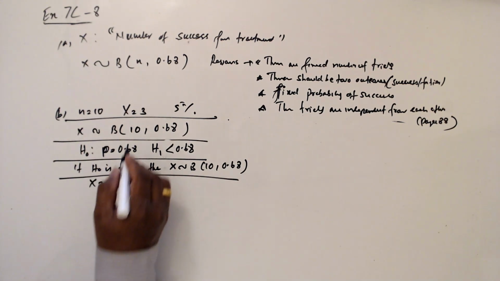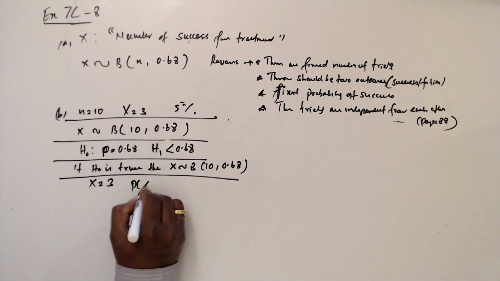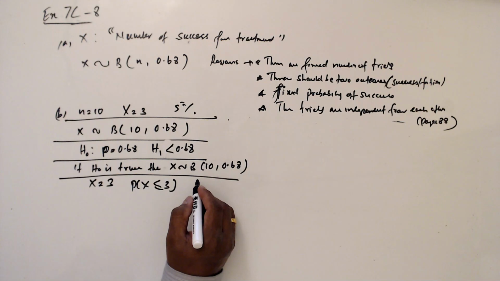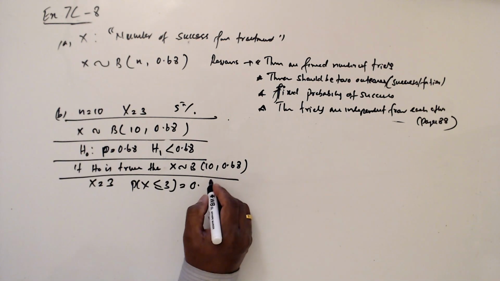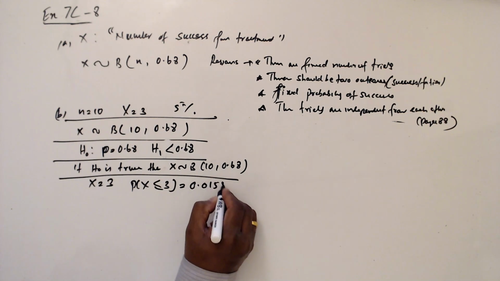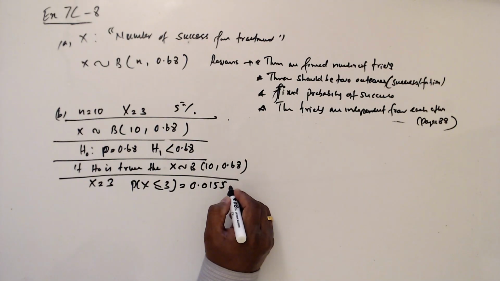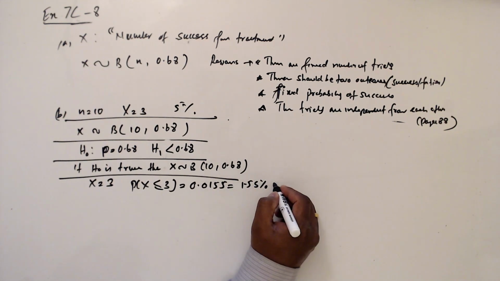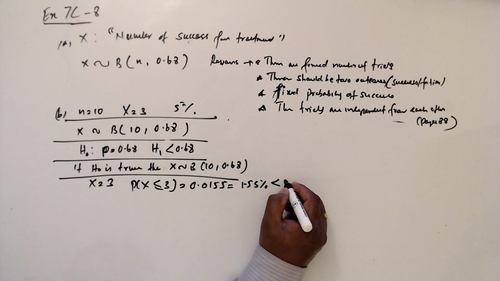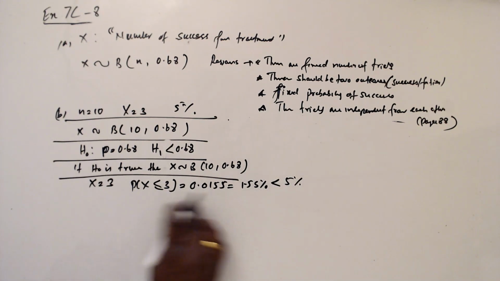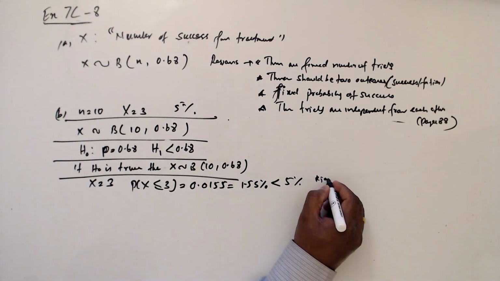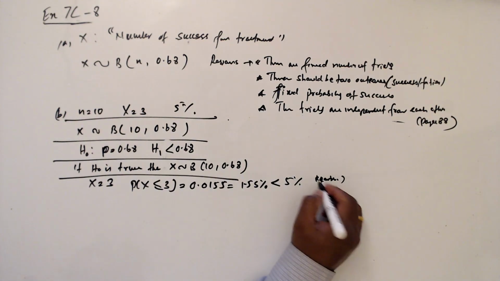So we get X equals 3, then the probability of X less than or equal to 3 is 0.0155, that is 1.55%, which is less than 5%. So it is in the critical region. It means this is a rejection.